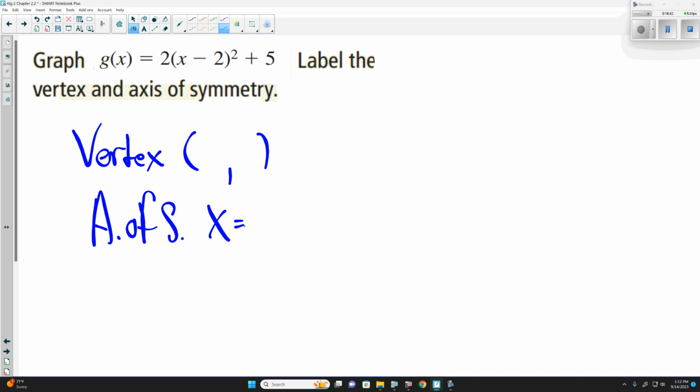Yes, 2, 5. Positive 2, positive 5. Because x minus 2, it would come out as positive 2. Plus 5 would come out as positive 5. Yes. What would the axis of symmetry be? Yes, technically it is x is equal to 2, but yes. Questions on this here? Questions on any of this so far?